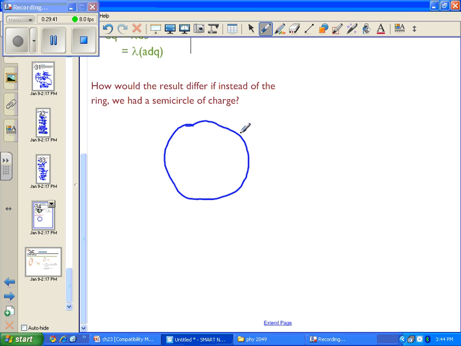But here our ring has no width, so for all our purposes it's the same line that we had before, the rod, but it's bent into a circle. And we're asked to determine the value of the electric field at the origin along the axis of this ring, right at the very center of it.